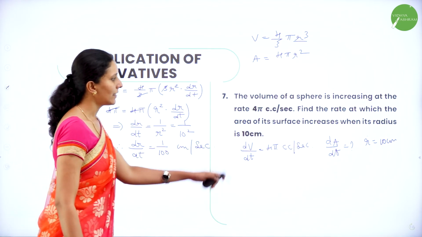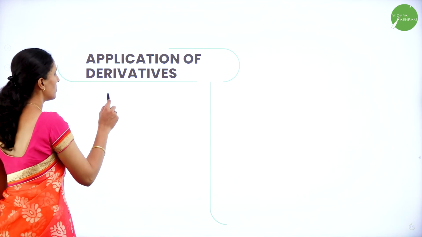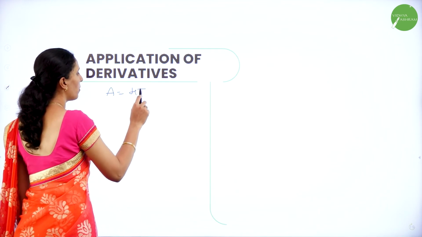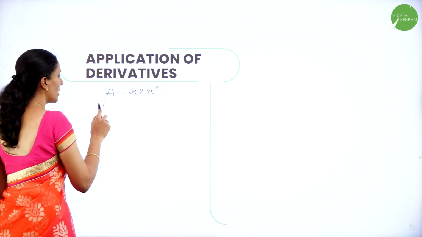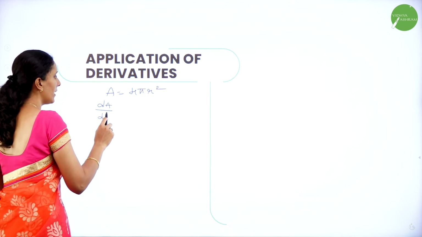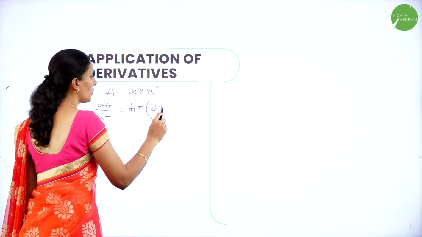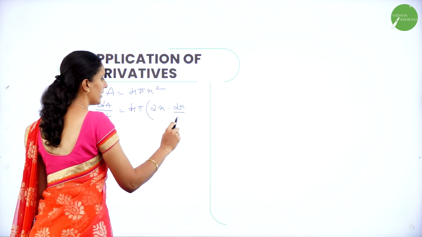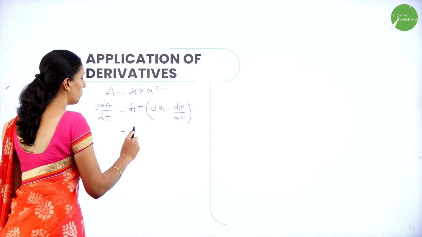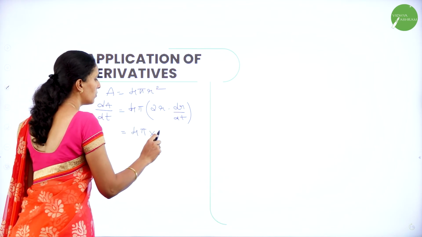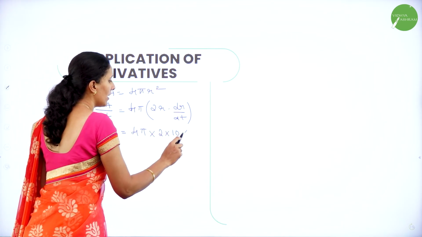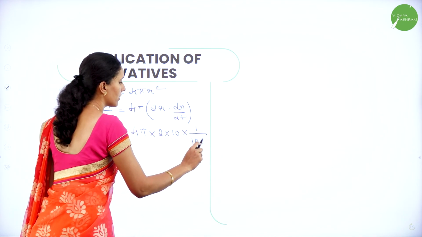Next let us calculate the area. So area is 4 pi r square. Change in area dA by dt is equal to 4 pi into 2r into dr by dt. Now 4 pi into 2 into 10 into 1 by 100.